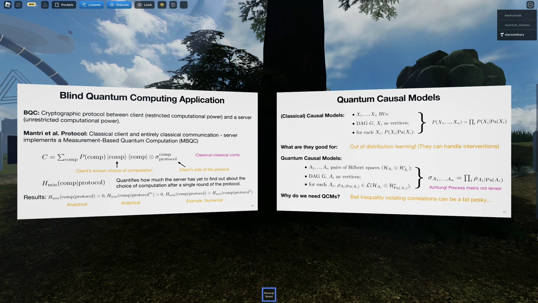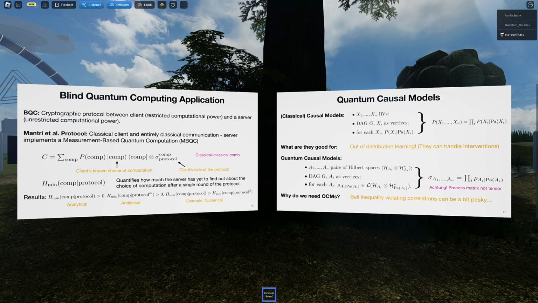Mathematically, we can consider them as random variables on the nodes of a directed acyclic graph. The arrows denote causal influence of one node, one variable on another, and typically they're also assigned some functional relation between the parents of a node and the value of that node itself.